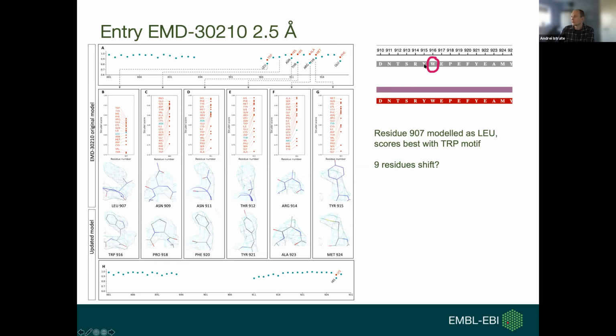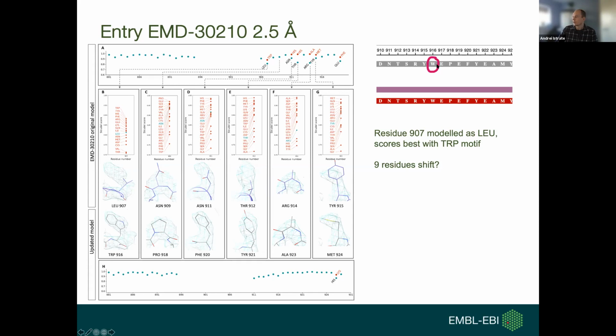So when I looked at the sequence, I could see that there is actually only one tryptophan in this area. I showed only a small part, but there are no other tryptophans here. And it's residue 116. So we can hypothesize that here it's actually not residue 907, but should be 916.